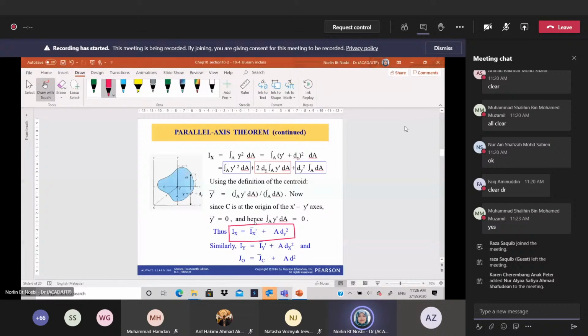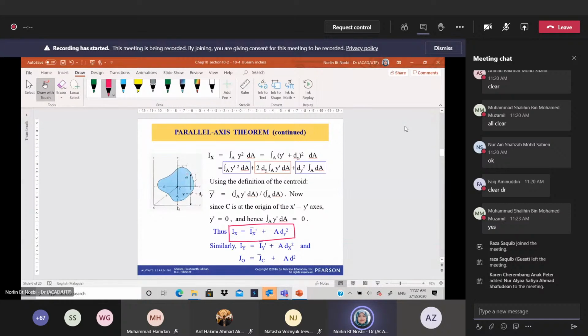What is A? A is the area, so you need to find the area of the shape. Then what is dy? dy is the distance from the reference axis, the length from zero until the center.